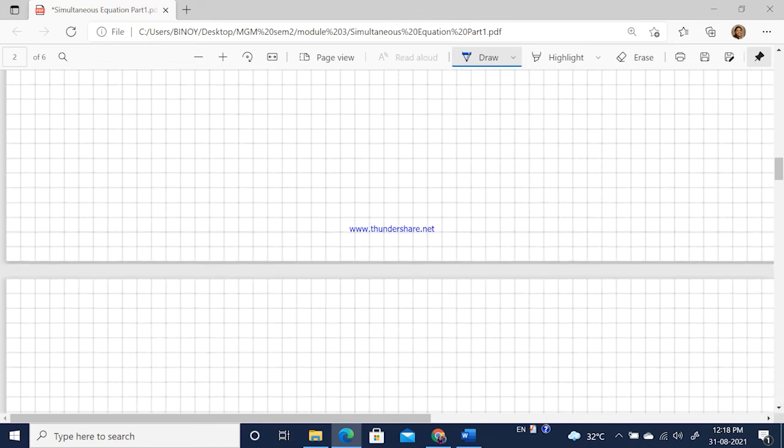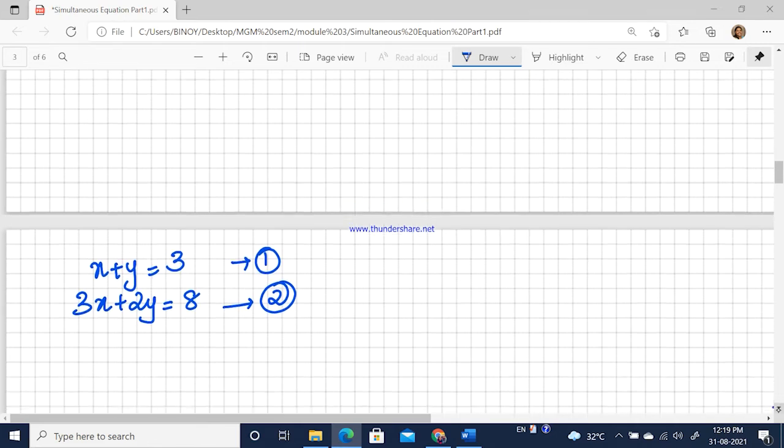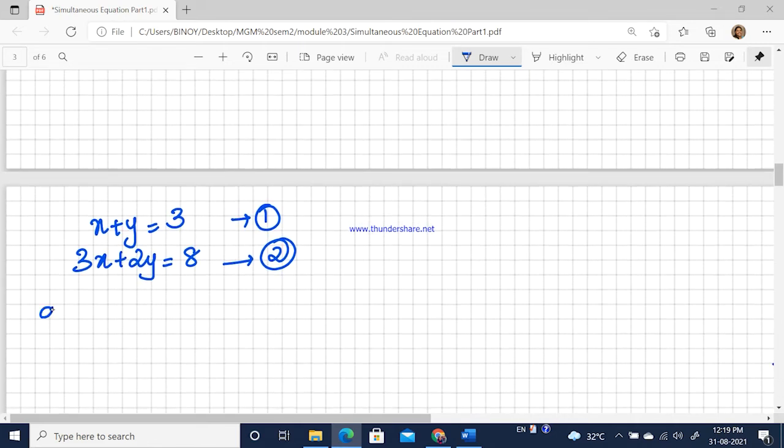Suppose you are given two equations, that is x plus y is equal to 3 and 3x plus 2y is equal to 8. First thing we have to do is find what is a1, a2, b1, b2, c1, c2.